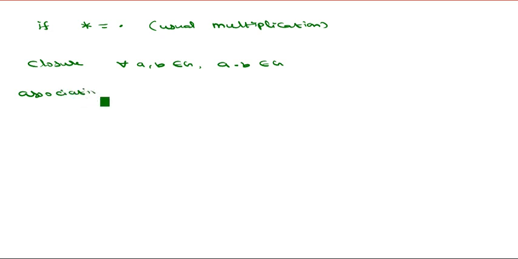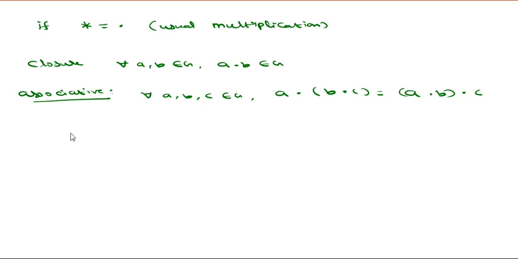Associative: for every triple A, B, C in G, where star is dot here, (A dot B) dot C equals A dot (B dot C).